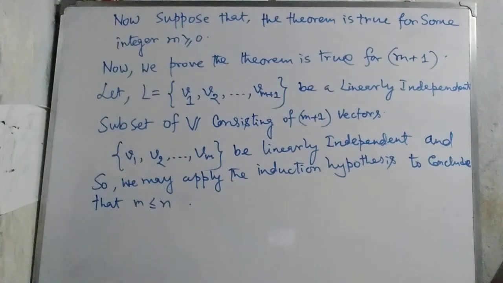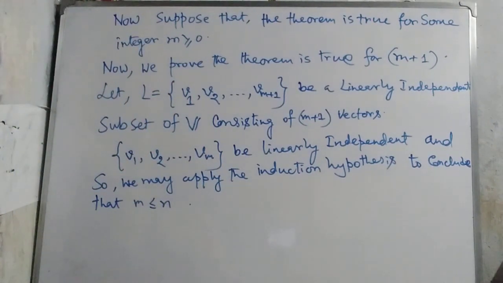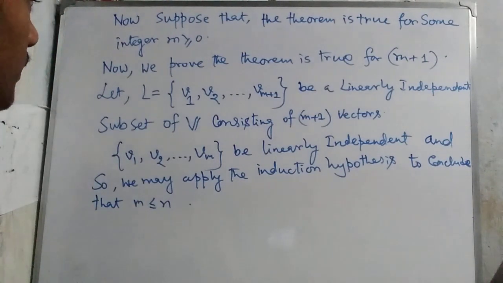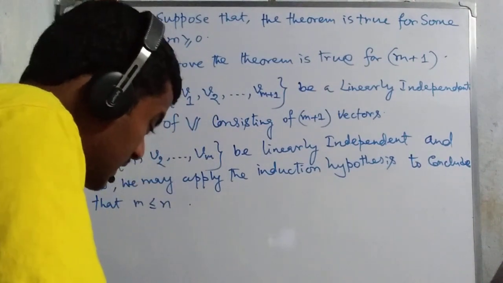So L equal to v1, v2, up to v(m+1) is a linearly independent subset of V consisting of m plus 1 vectors, and v1 to vm is linearly independent.